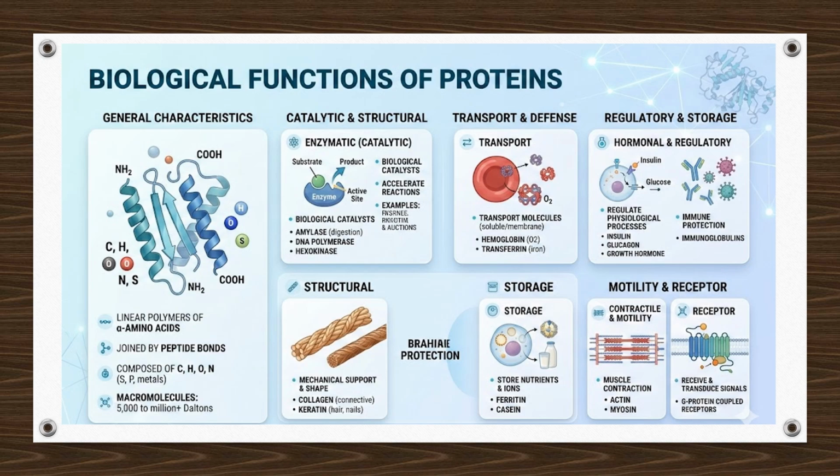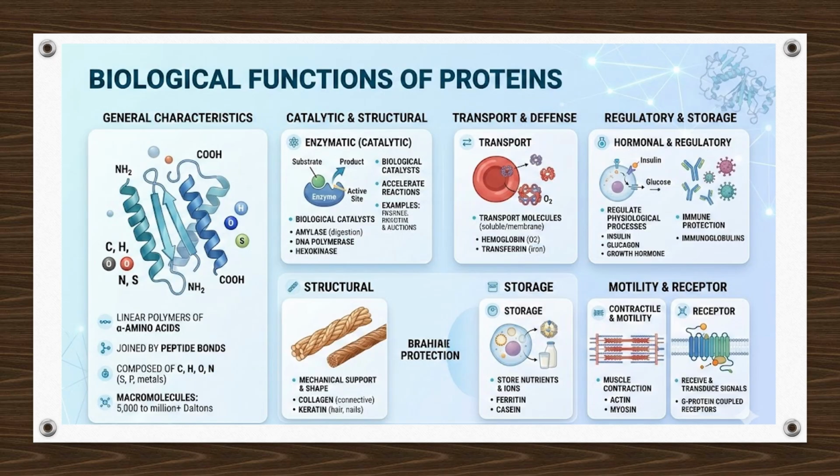Examples include hexokinase, which initiates glycolysis by phosphorylating glucose, DNA polymerase, which replicates genetic material with high fidelity, and digestive enzymes like pepsin and trypsin. Enzymes are the engines of metabolism.